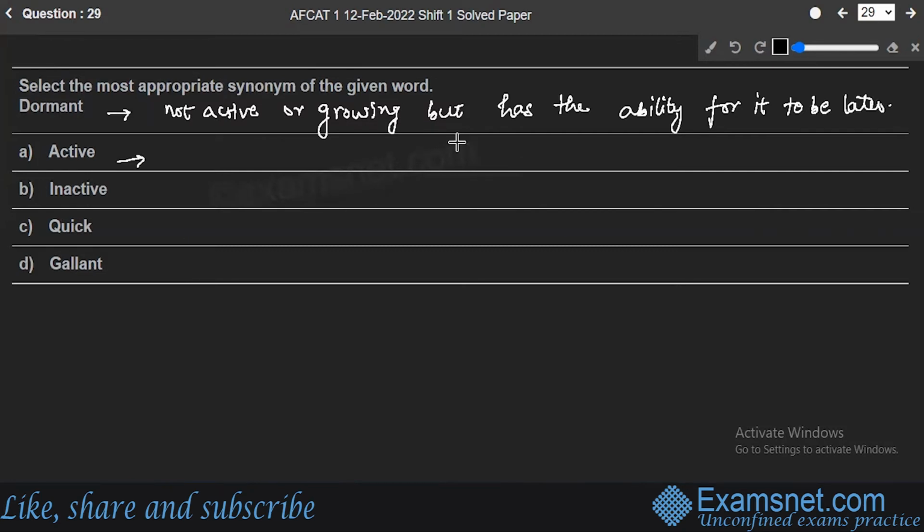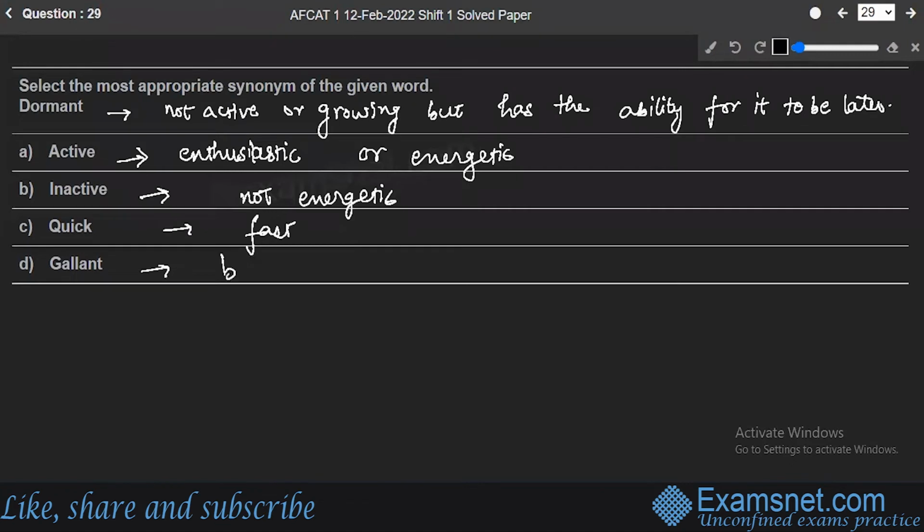Active. See, active means when you're quite enthusiastic or energetic. Inactive, when you're not energetic. Quick, fast. Valiant means brave or heroic.